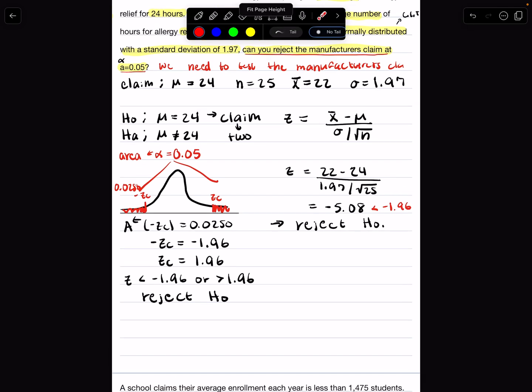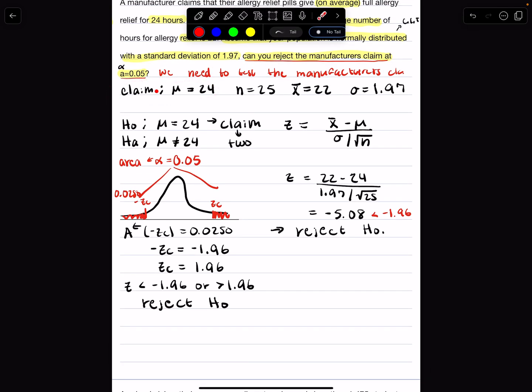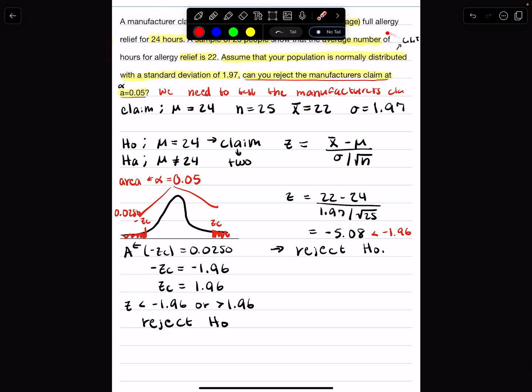So just to summarize, first state the claim. As you're reading through the question, it's a good idea to write down the properties you're finding: your sample size, sample mean, population standard deviation, and so on. Your second step is to figure out your null hypothesis and your alternative hypothesis, stating which one is the claim and what that tells you about the type of test.